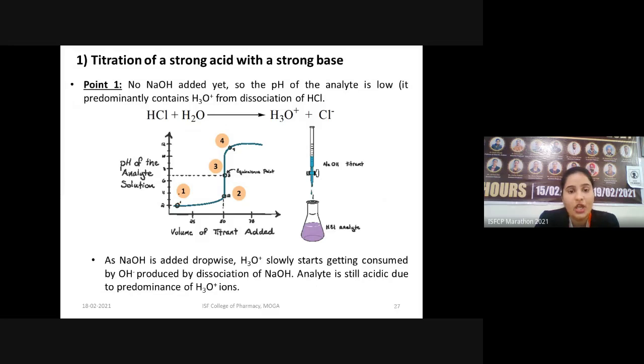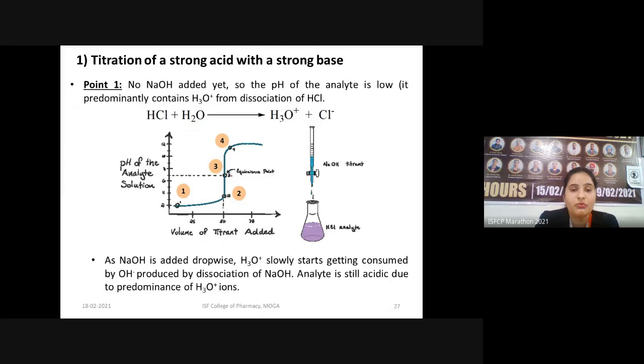With the introduction of hydroxyl ions, as we are adding base, our curve proceeds towards higher pH, and the second point is a particular point just before the equivalence point.